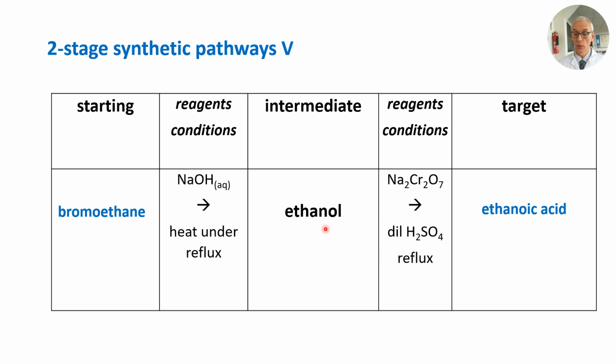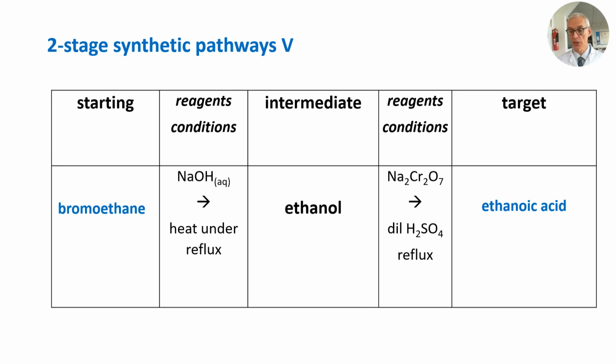Well, ethanol would be a prime candidate, especially as we're starting with bromoethane. So ethanol can be oxidized with sodium dichromate, dilute sulfuric acid, heat under reflux to ethanoic acid. And bromoethane can be converted into ethanol using dilute sodium hydroxide and heat under reflux. So correct your work and then move on to problem number 6.